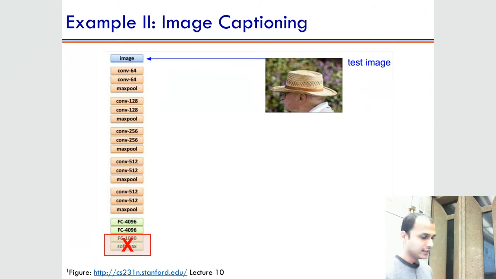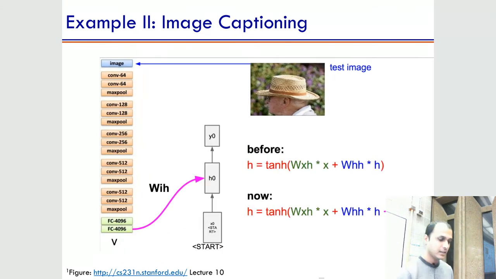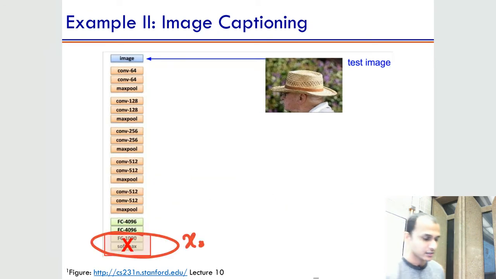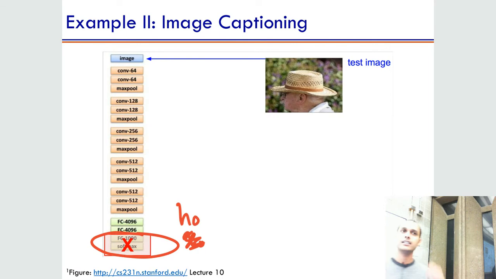Delete the last layer, or last two layers, and get a feature vector. Sorry, that's not the x0, let's call this h0. So the initial information is one of the inputs to your RNN.